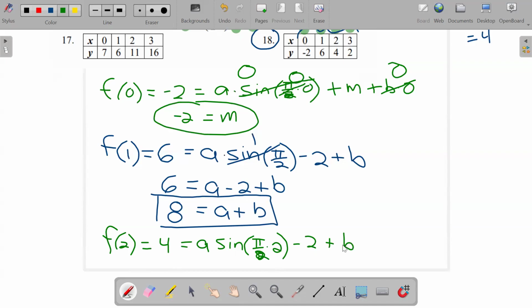That would be the sine of pi. Sine of pi is 0. Yeah, that's the x-axis, y value 0 on the unit circle. So that is gone, which means the a term is gone. So we get 4.